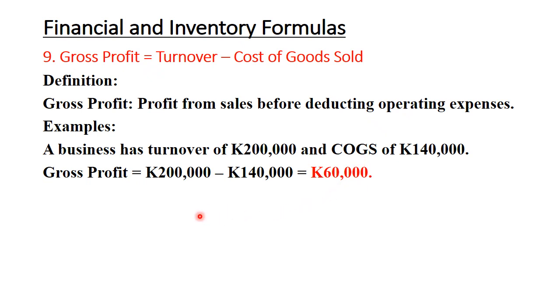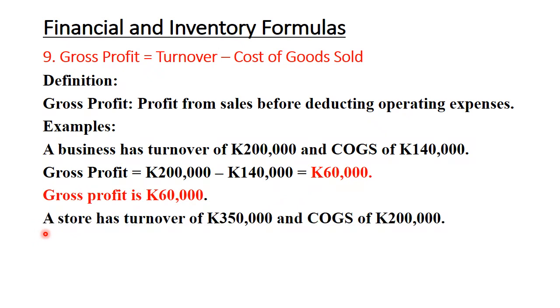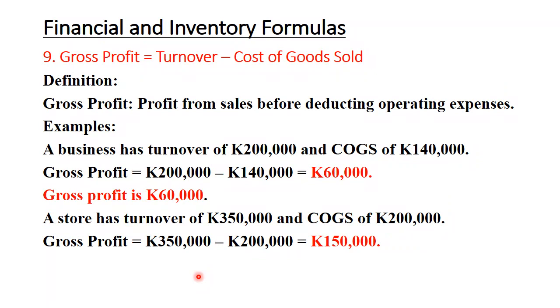Okay, so the difference is the gross profit. A store has a turnover of 350,000 and cost of goods sold of 200,000. Find the gross profit. So it's 350,000 minus 200,000.